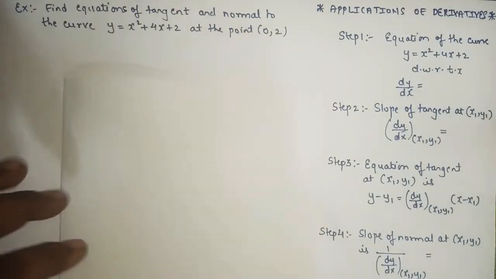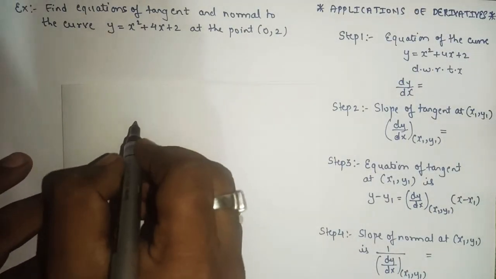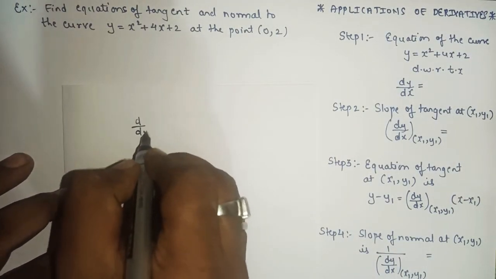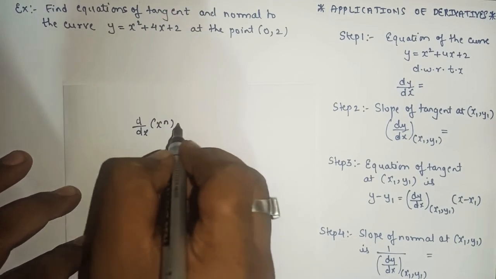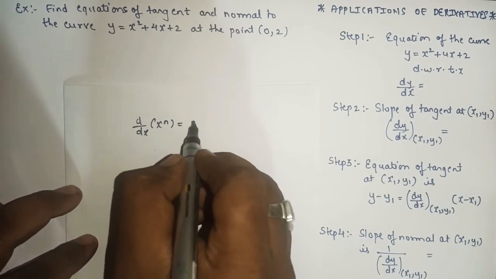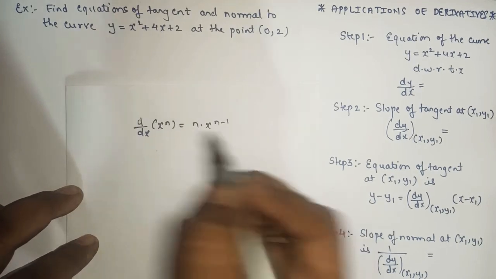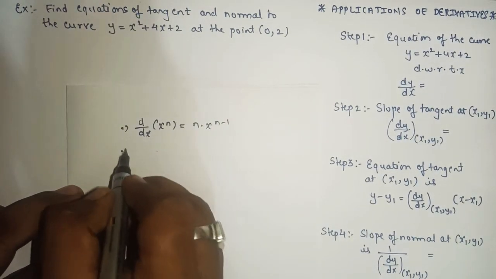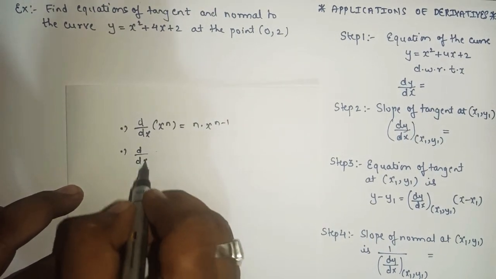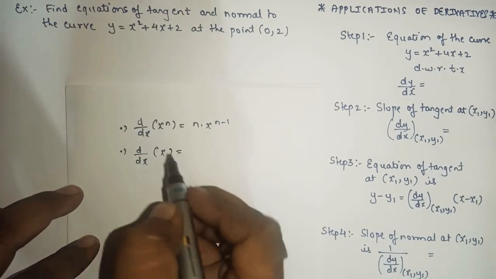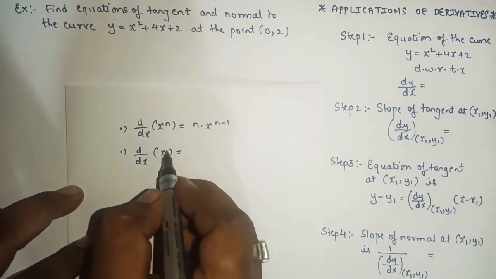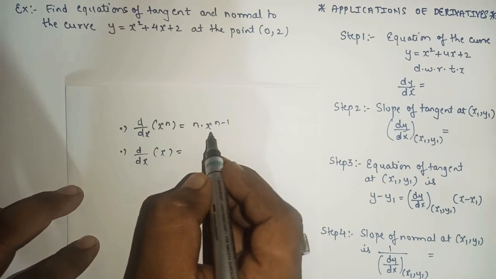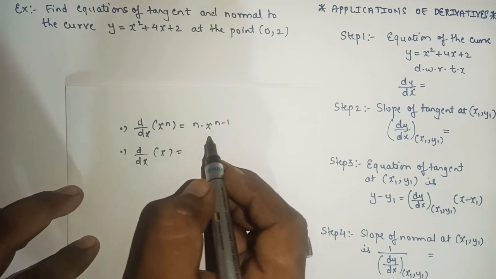Okay, I hope you all know the formula for the derivative of x raised to n. So what is the derivative of x raised to n? It is n into x raised to n minus 1. I hope you all know. So what is the derivative of x? Nothing is there, so we can take it as x raised to 1, apply the formula, yes or no?